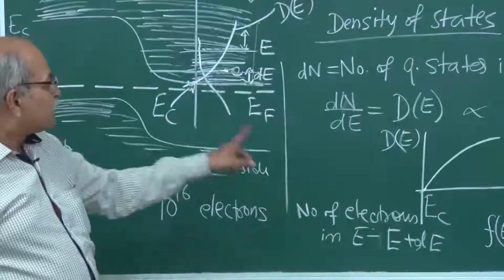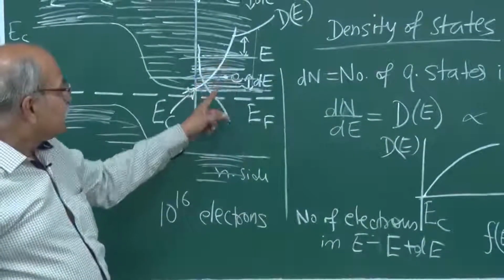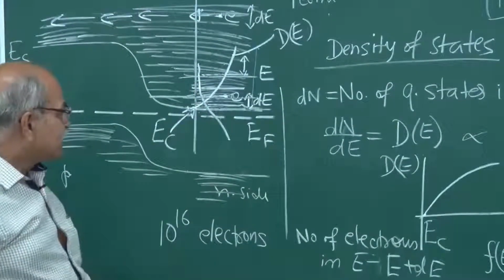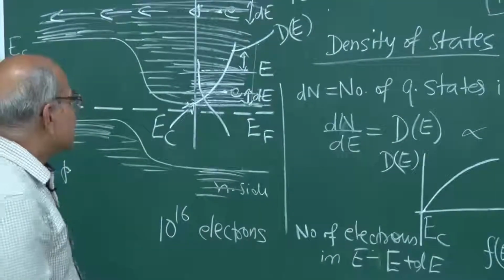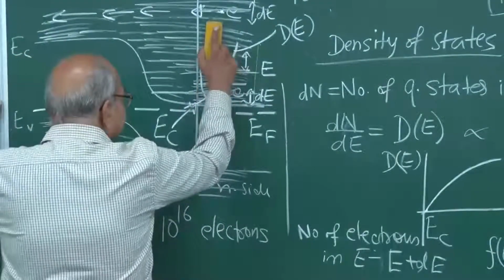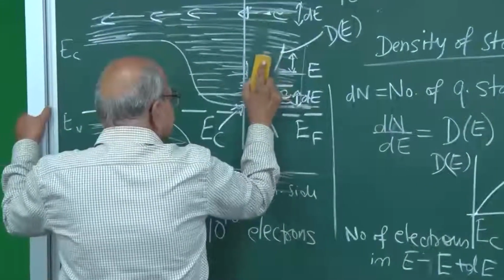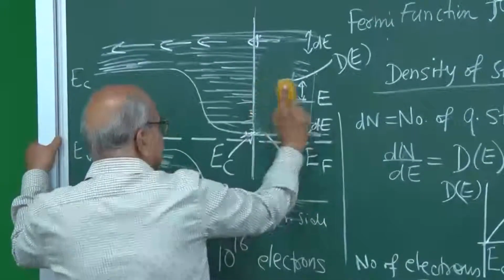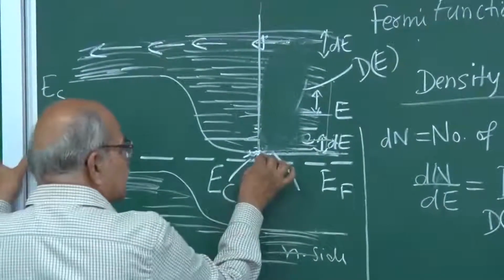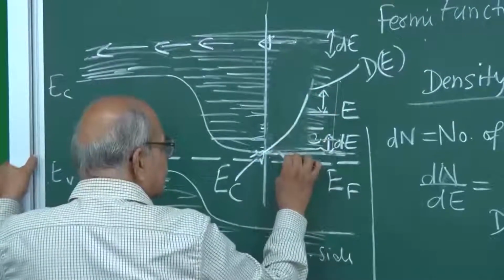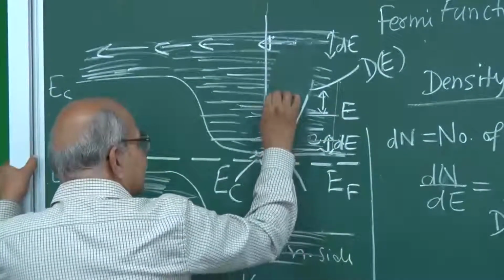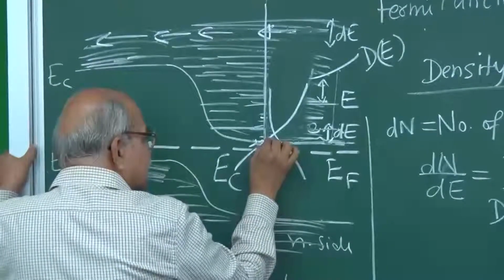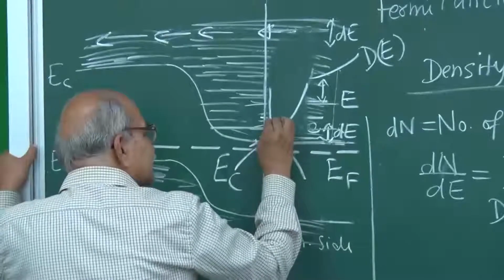So if you do that, one is increasing, another is decreasing as you go up. If you multiply them, what you will find is the following. Let me make some space here to do that. One function is going like this, another function is going like this, and when you multiply them, what you get is some kind of a function which maximizes and then it decreases of this type.